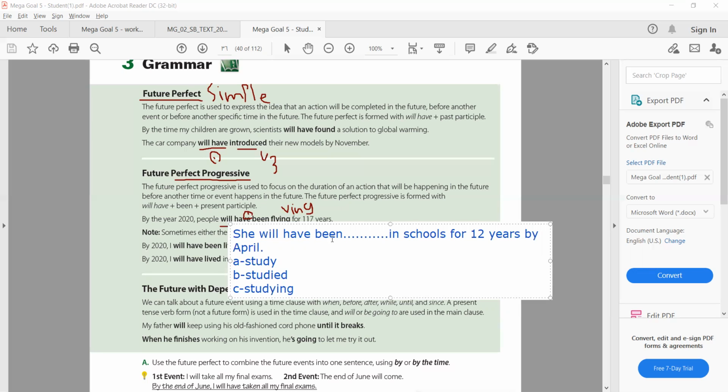I can have the same sentence, but change it a little bit to be in the future perfect.